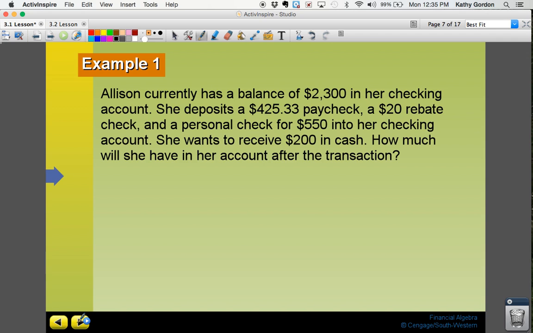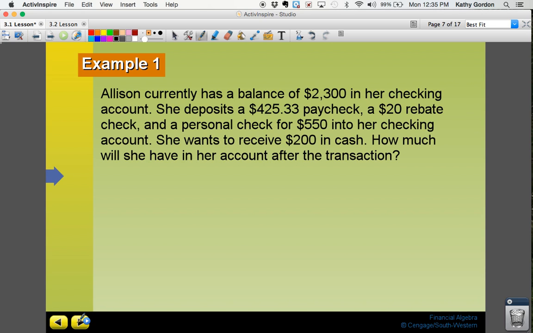Okay. Now, she also wants to get $200 of cash back from this. So she's basically going into the bank with these 3 little pieces of paper that say that they're worth so much money, but she needs some actual cash. So she also wants to receive $200 in cash when she makes this deposit.